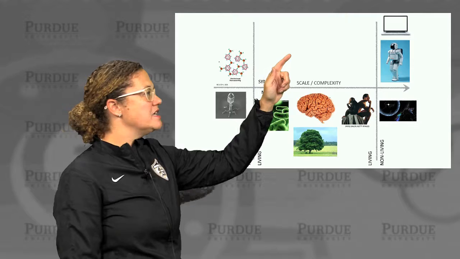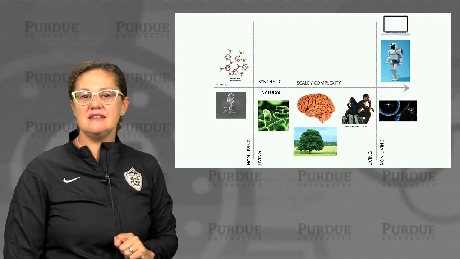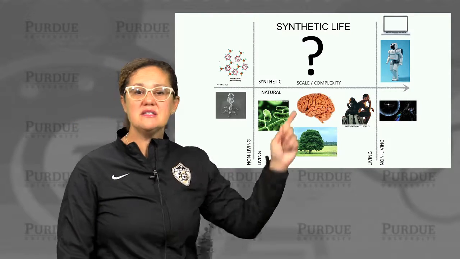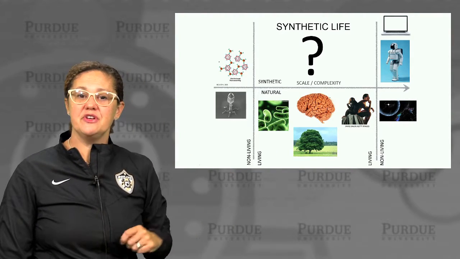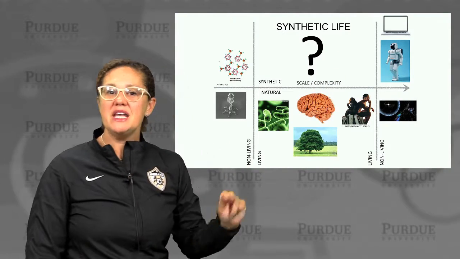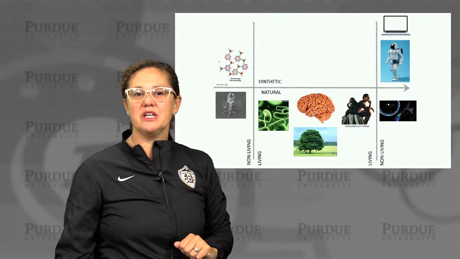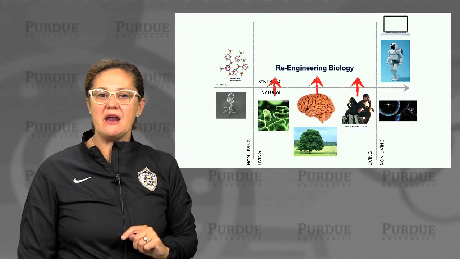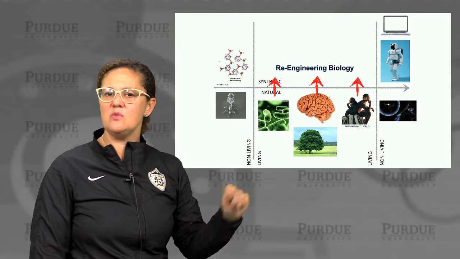And so the question is, what lies in this space between these boundaries? And this is where synthetic life exists, between the boundary of what is considered living, but that was not naturally occurring.